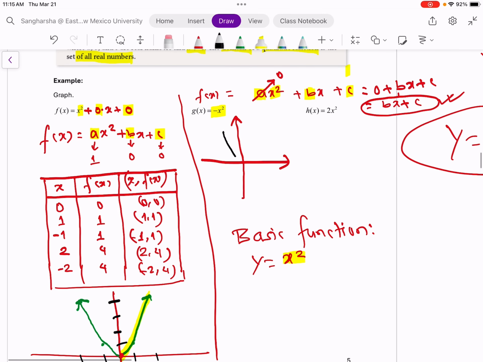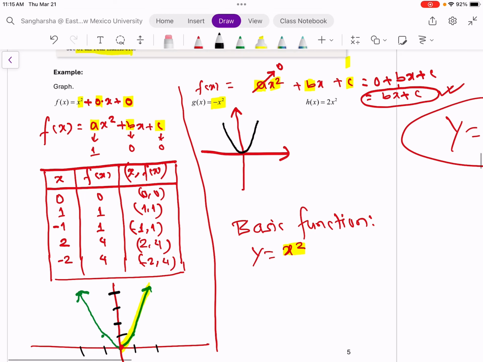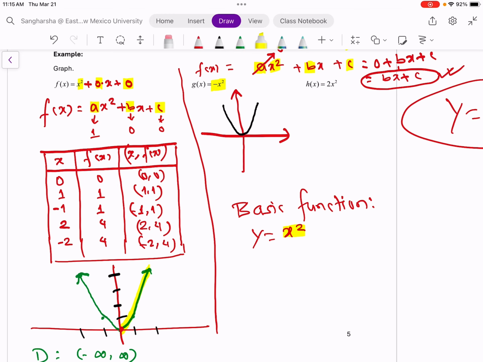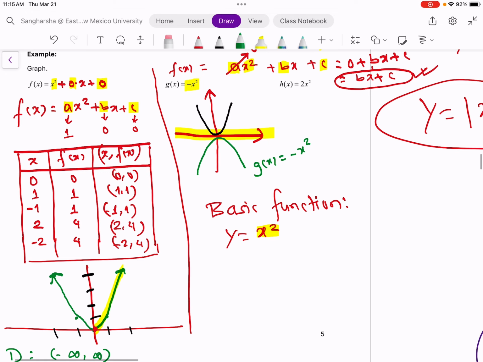Imagine that you have a mirror along the x-axis. The image that we see is the graph for g of x equals negative x square. If you multiply by a negative number, then there is a reflection across the x-axis. So you can use the transformation concept here.